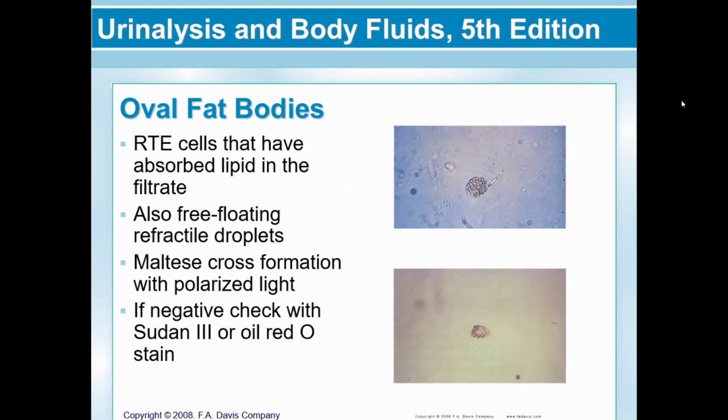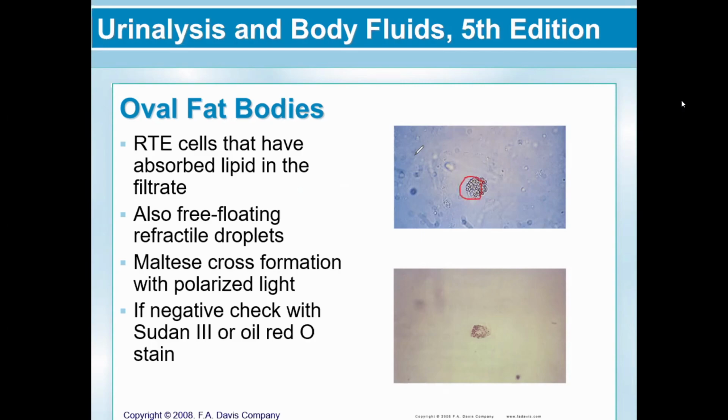DCT, PCT, or collecting tubules? Sa DCT, di ba? So bilog sila, okay? And then they have accumulated or absorbed lipids. So minsan other than this oval fat body, makakakita ka din ng mga lipid droplets. Okay?